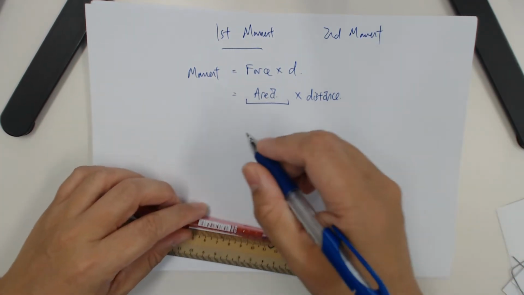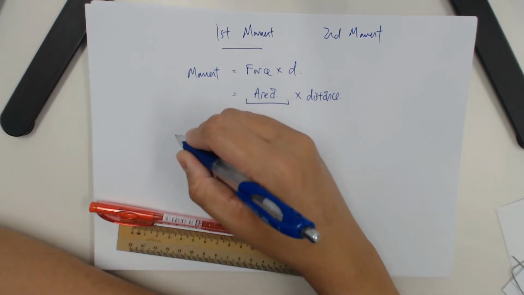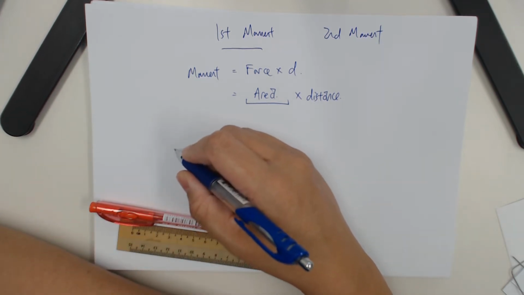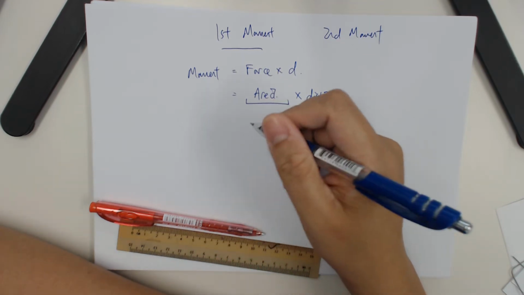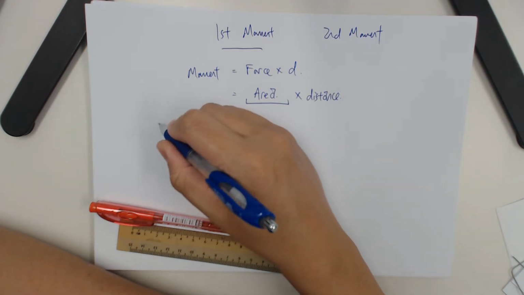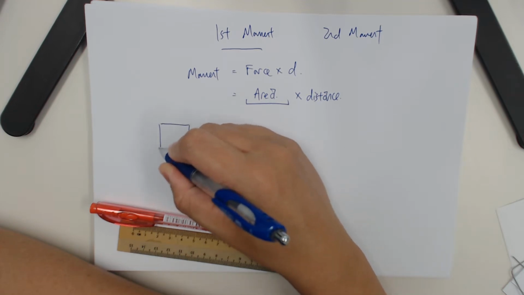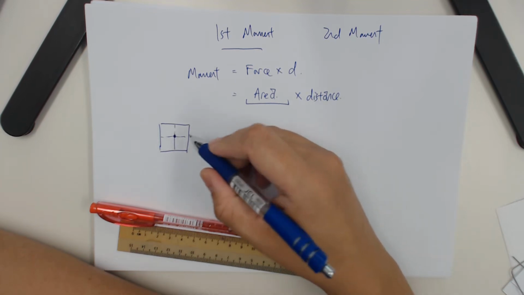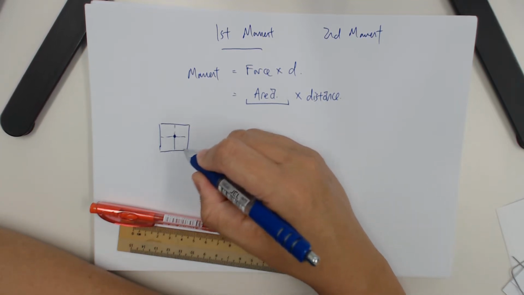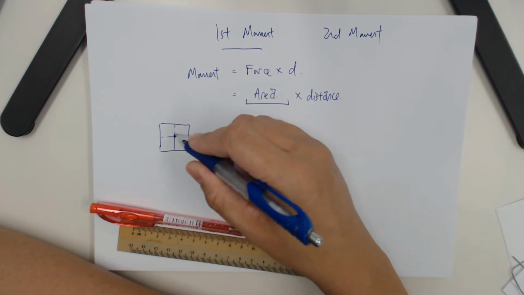We know for all masses you have centers of gravity, whereby all the weight is acting on that point. For simple shapes, like a square, you know that your center of gravity is somewhere around here, whereby it is half the height and half the breadth.